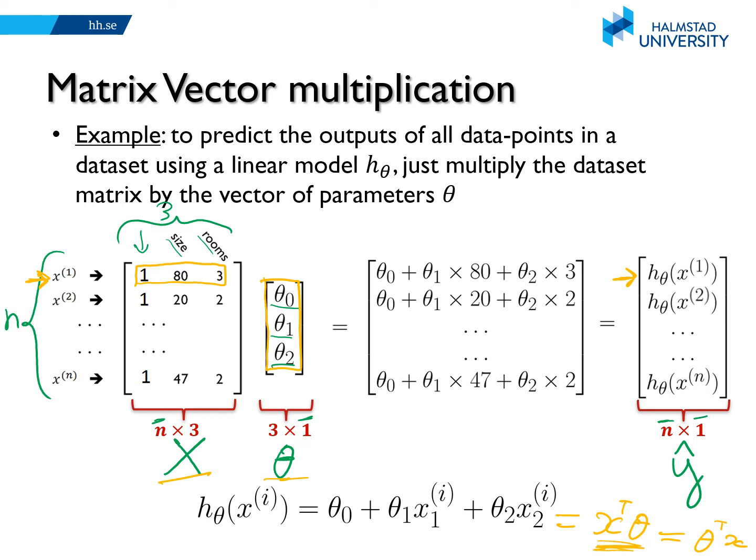If we take the second row here, the second house, and multiply it by this parameters vector, we get the predicted price for the second house, and so on. So basically, by just multiplying the input data x with our parameters vector theta, we get a vector which contains the predicted price or the predicted output for all our input data points.